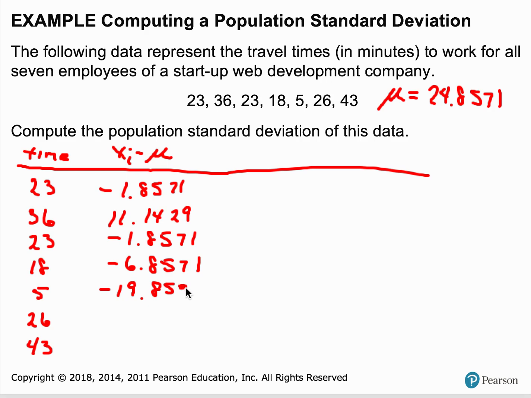I don't know where that 9 came from that I spoke. It's not actually in the number 8571. Okay, 26 minus 24.8571, 1.1429. And finally, 43 minus 24.8571 to give us 18.1429.